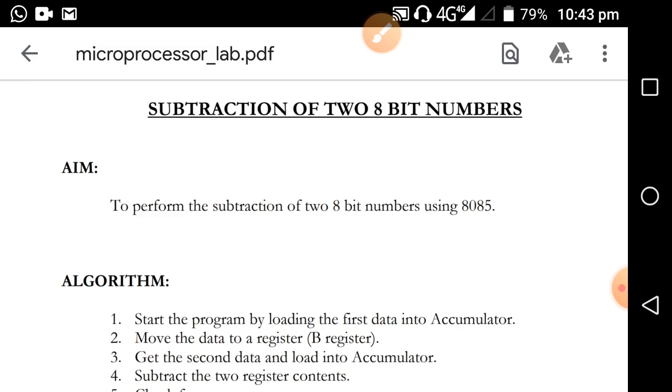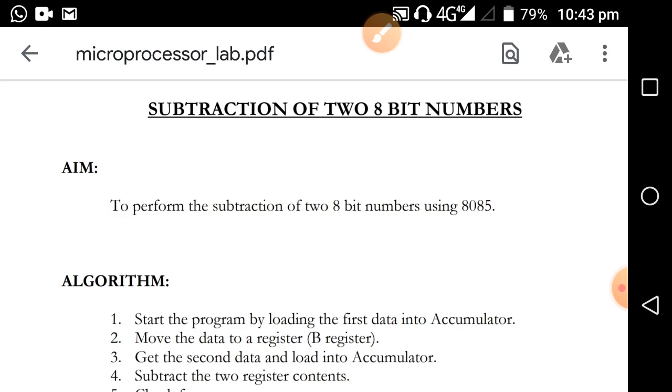That will subtract the 8-bit content of the register from the accumulator. And according to the status of the carry flag, which represents the borrow, there is a condition if there is a borrow present or not.